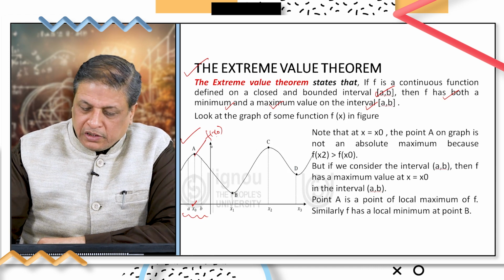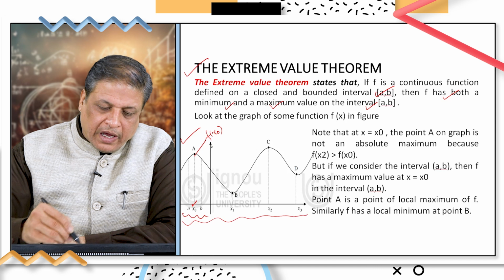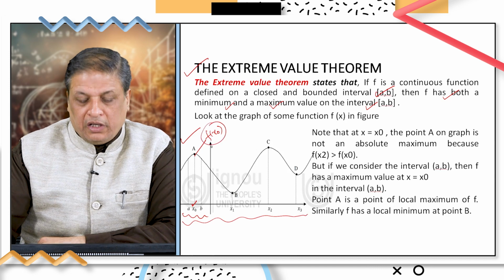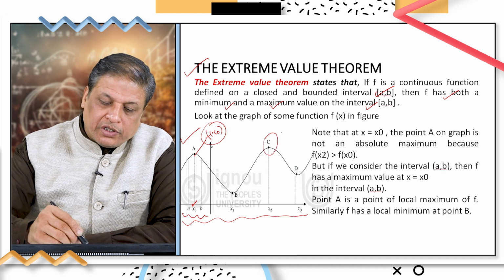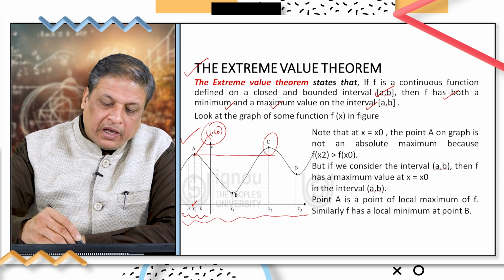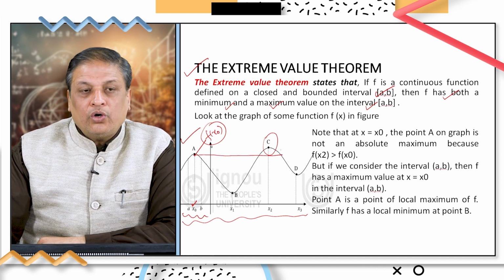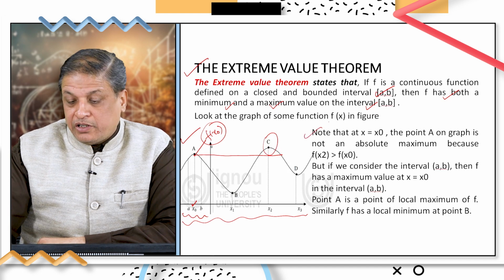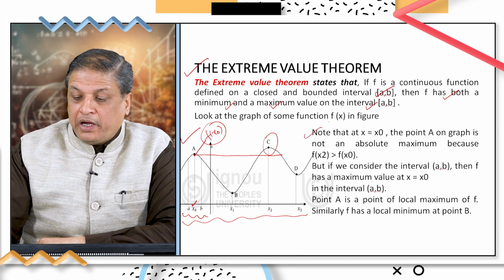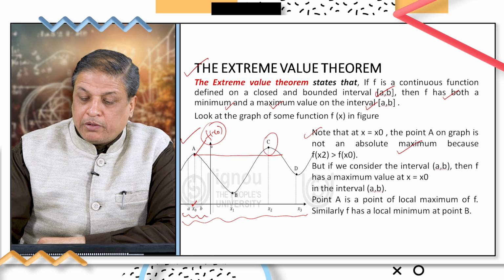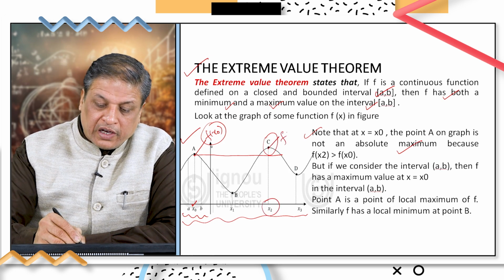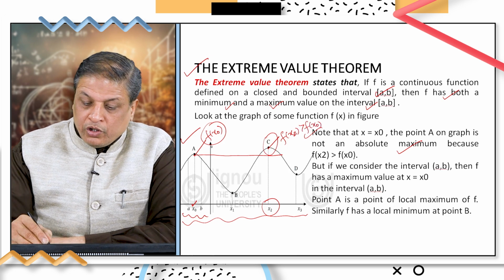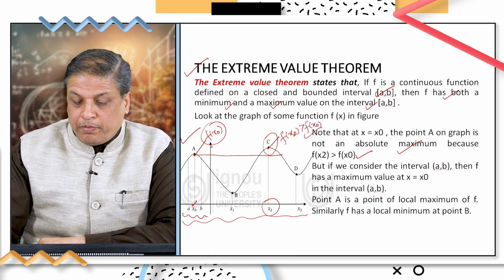But if we consider the entire region, then this value f(x naught) is not the absolute maximum because we have another point C whose value is greater than the value at point A. So it is to be noted that at x equal to x naught, the point A on the graph is not the absolute maximum because f(x2) is greater than f(x naught). So that's why this is not an absolute maximum.